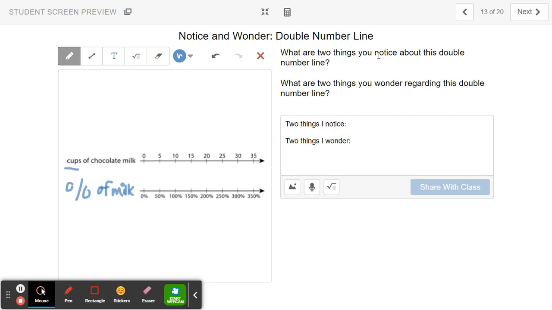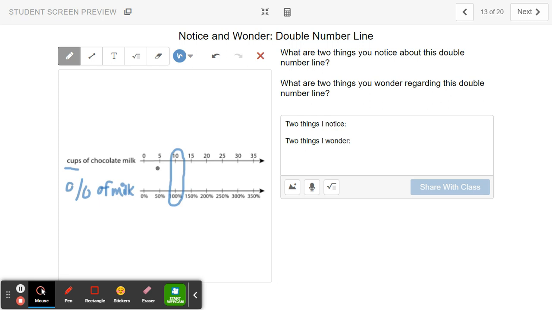That also brings up a notice that a lot of my students notice: we had been concentrating on the original amount as being the 100% or the whole. And so, on here, our whole is 100%. The other thing students notice is that the number lines, the hash marks or the little ticks, all line up.